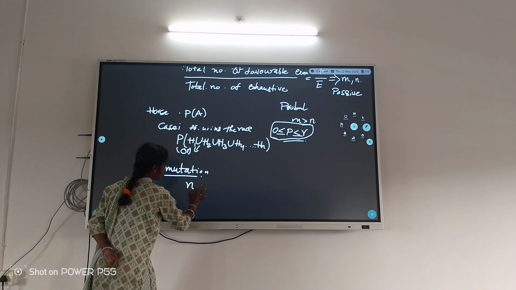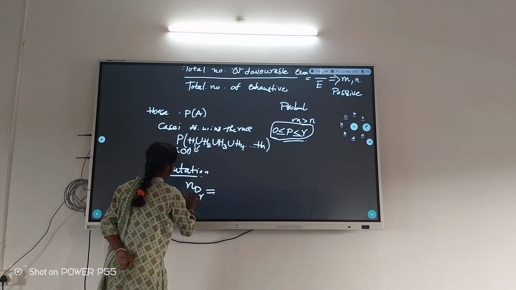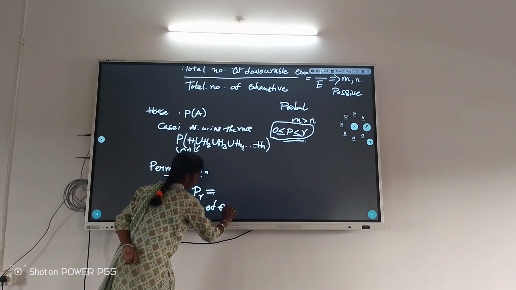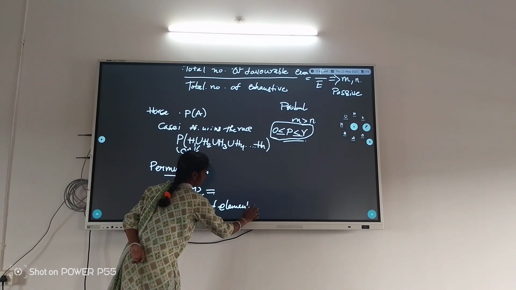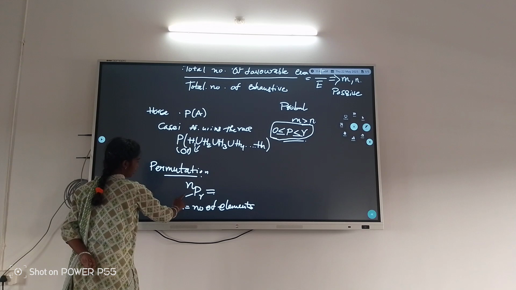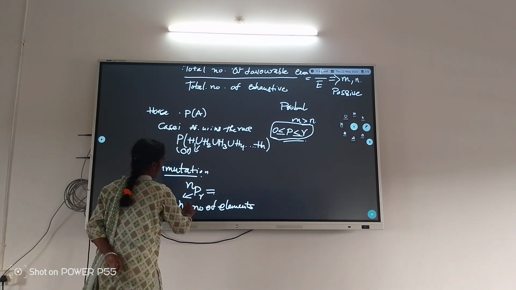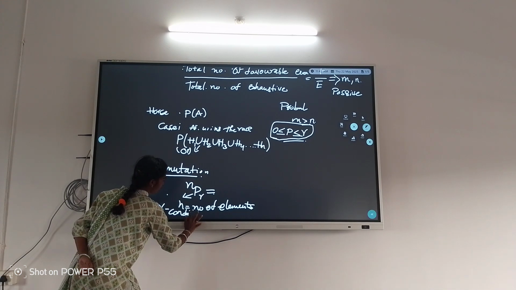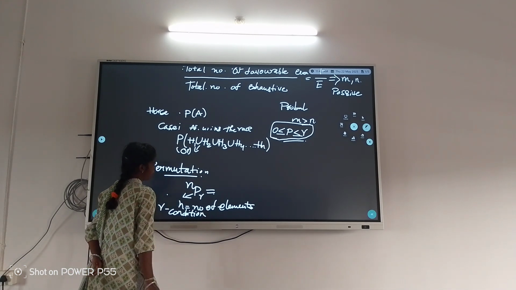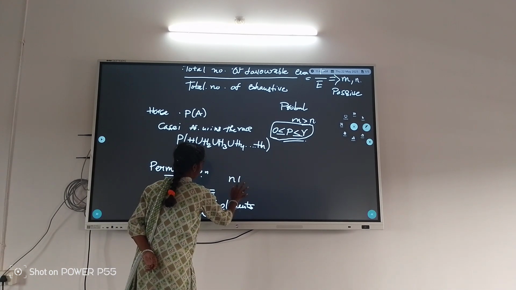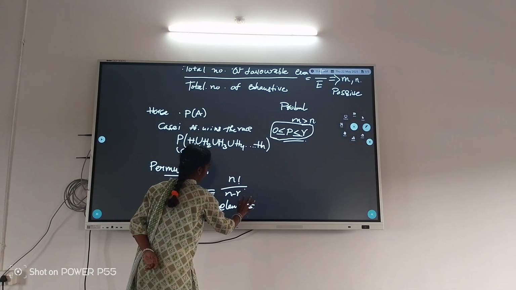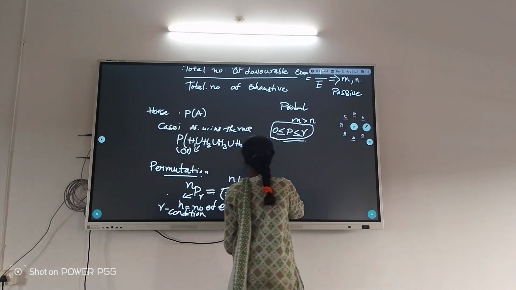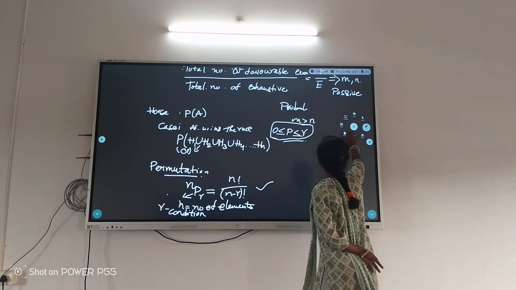We can write it as nPr, where n refers to the number of elements, P refers to permutation, and r refers to the condition where we have to solve the problem. The formula is n factorial divided by (n minus r) factorial. In any problem we can have two permutations, and we can use this equation.